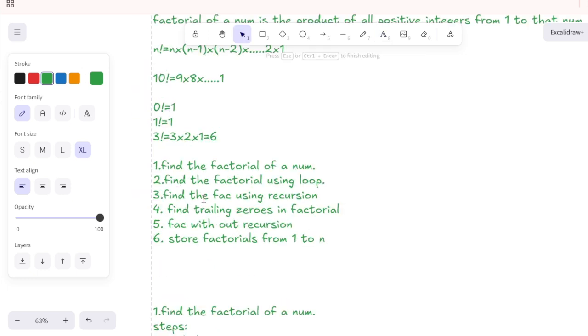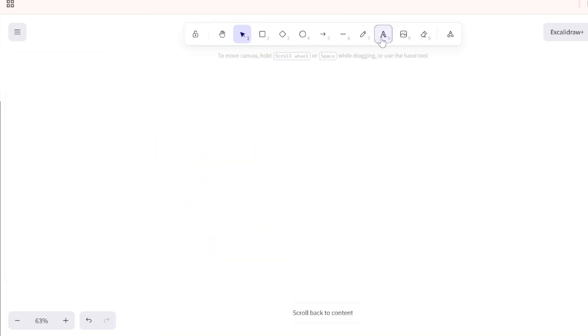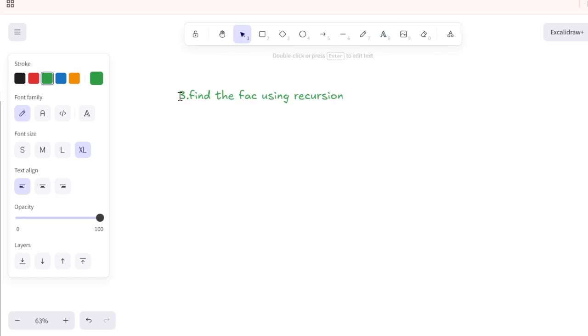Find the factorial using recursion. This is the main important question, guys. So focus on this mostly, because recursion is the most important topic asked in interview questions, which needs powerful coding. It's not so heavy, but it's powerful.